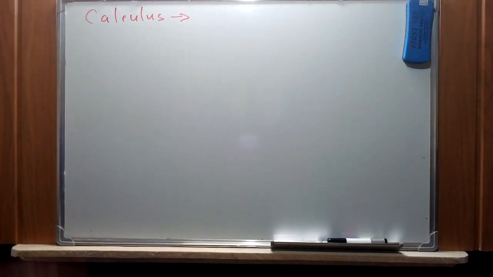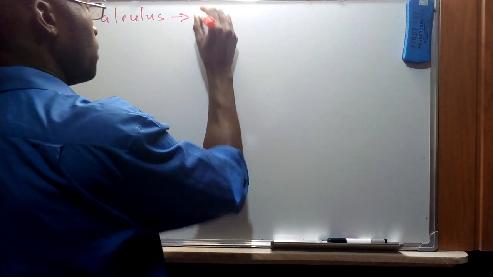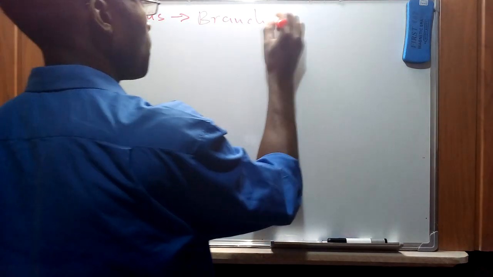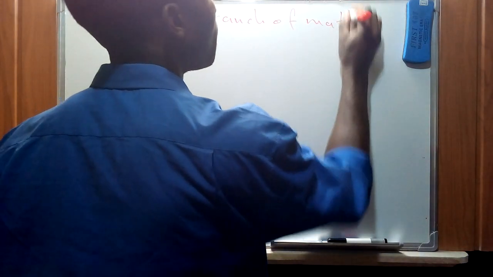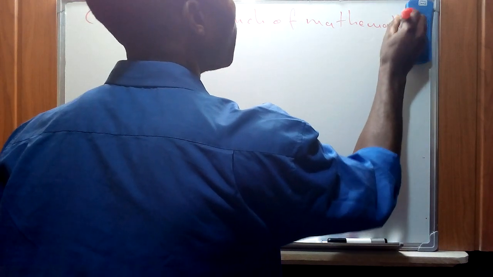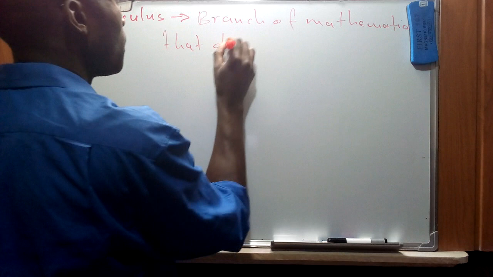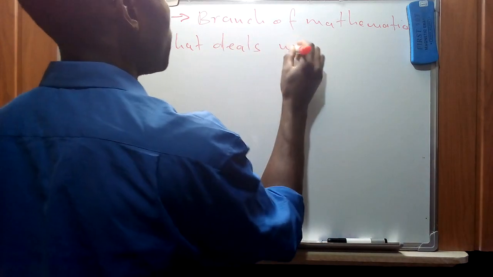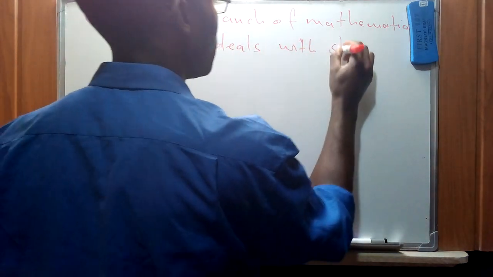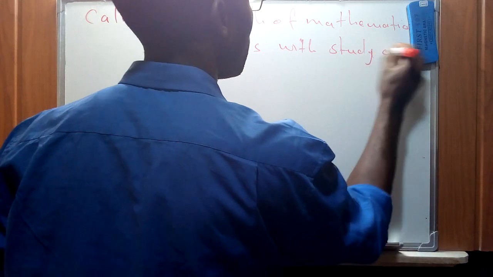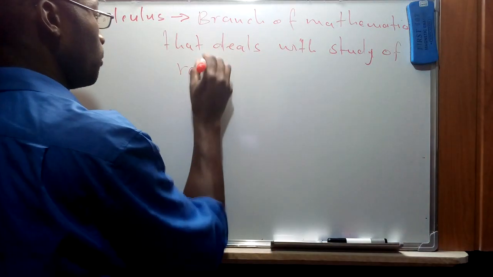So in this case, calculus refers to the study of the rate of change. This basically is a branch of mathematics that deals with the study of the rate of change.